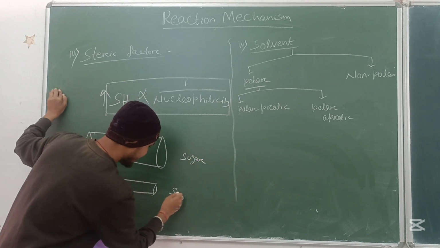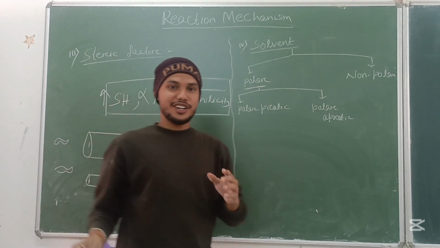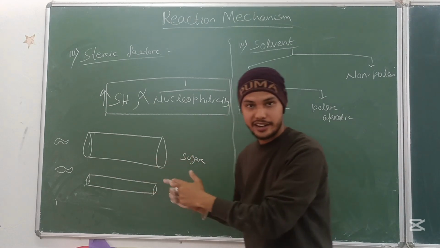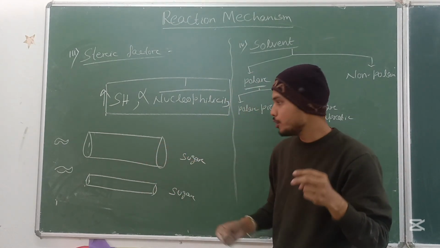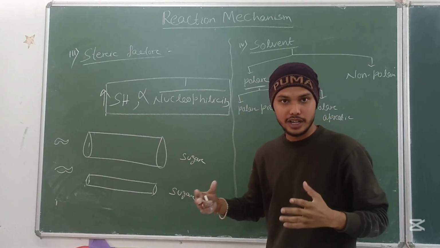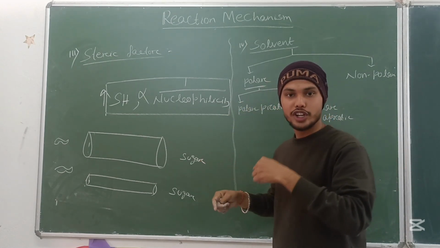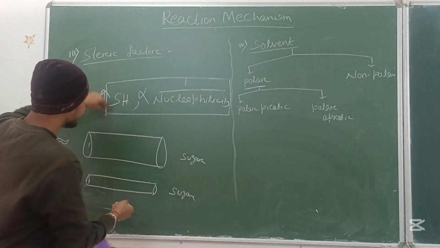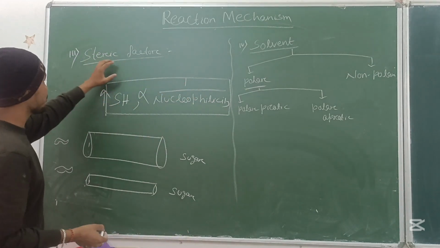You know that ants are very much attracted toward sugar. Which ant can easily move between the two pipes? Obviously, the thick pipe is less crowded. Less crowded means it is more empty, so the ant can move or donate easily through this pipe. That means if steric hindrance decreases, then nucleophilicity increases. So this is the concept of steric factor.